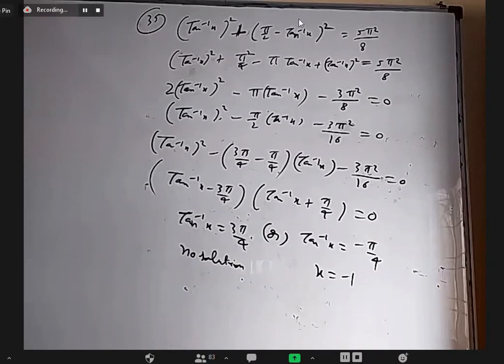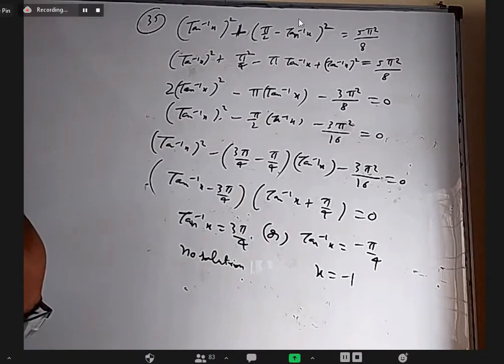Sir, what is the maximum value of 3 sin inverse x cos inverse x? We cannot tell directly. Generally, when you want to find maximum or minimum, it should contain one type of function, not sine inverse and cos inverse both.